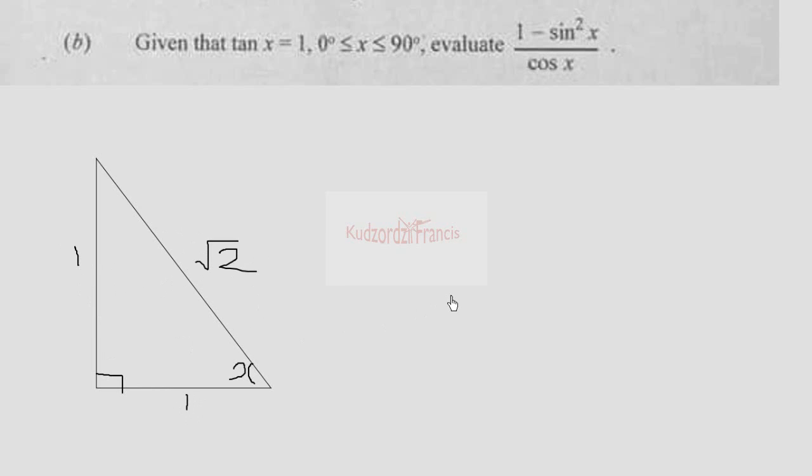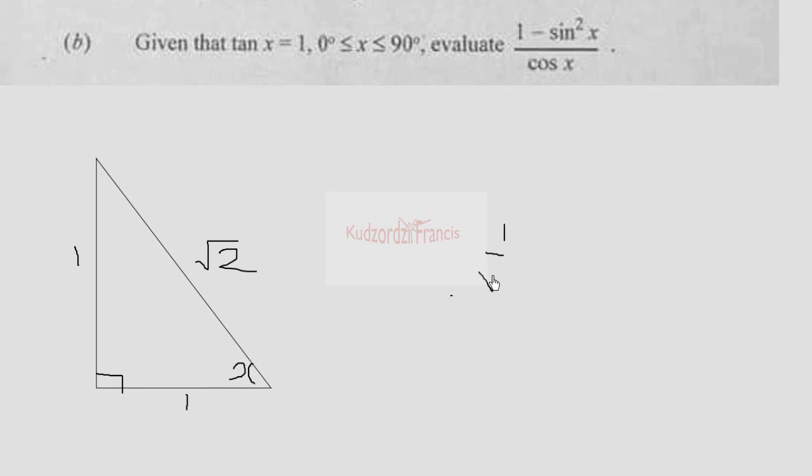So cos x. Okay, let's go. You know, from here, sin x will be 1 over root 2, and cos x will be 1 over root 2. So you do that. Or you can simply know that this is equal to cos x, and cos x is adjacent over hypotenuse, which is 1 over root 2.